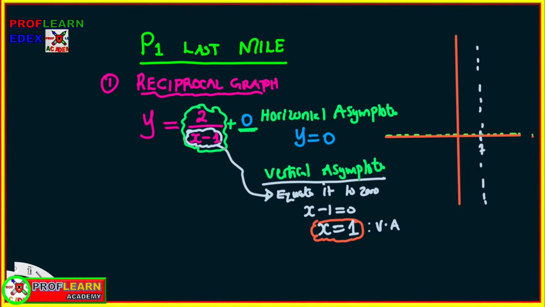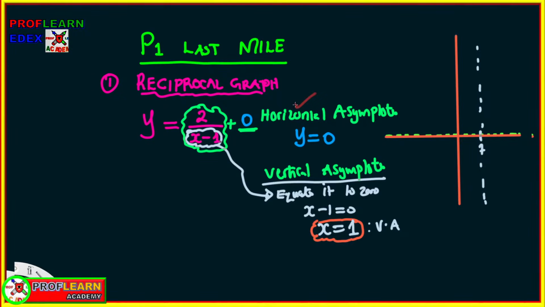Now, once you have identified the asymptotes, the next thing that you need to know is what we call the intercepts. You have to check whether you have the x-intercept or the y-intercept. So the next business is to find the intercepts.